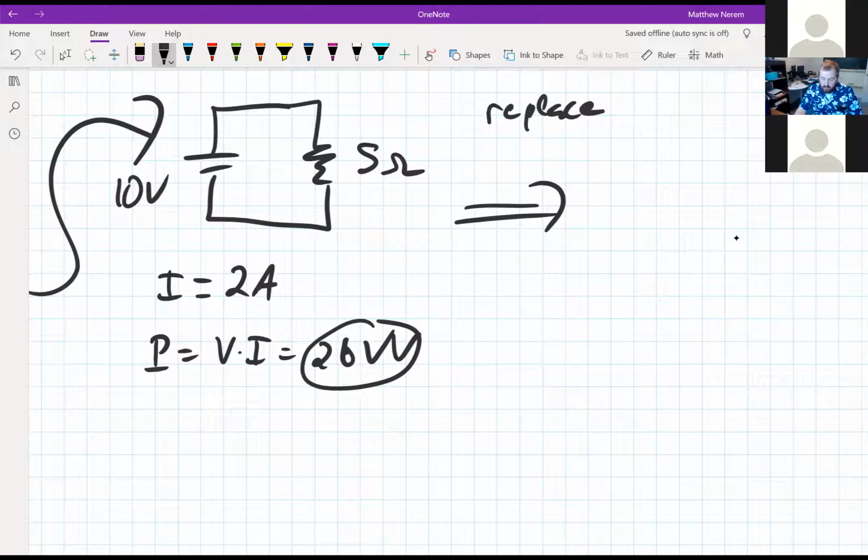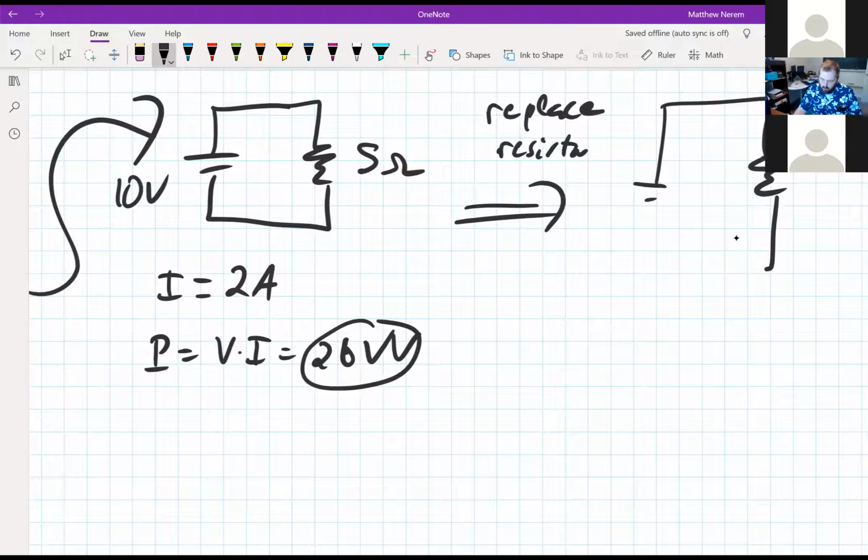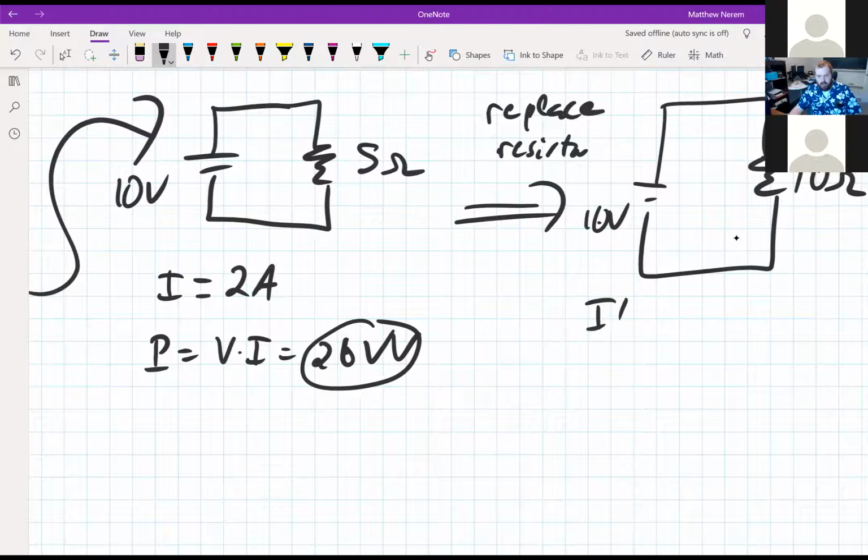Then, okay, let's replace the resistor. Let's change it, and we'll call this 10 ohms. I've doubled the resistance. Still the same battery. Well, all right, the current has to change. Current changes, so I prime would now be 1 amp. Could go back to my previous expression.